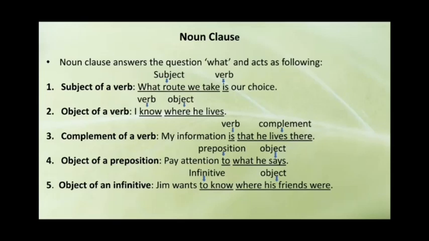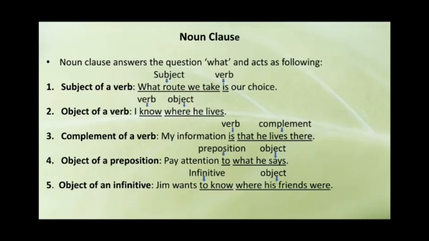So anytime you are trying to find what type of clause it is, try to ask the question what in whatever sentence you are examining. Let's see some steps to find out if the subordinate clause is a noun clause or not.